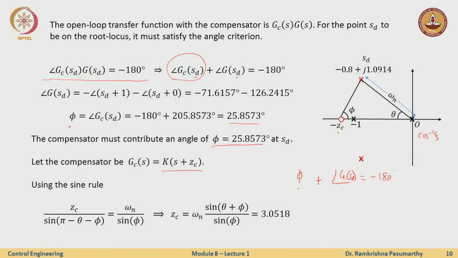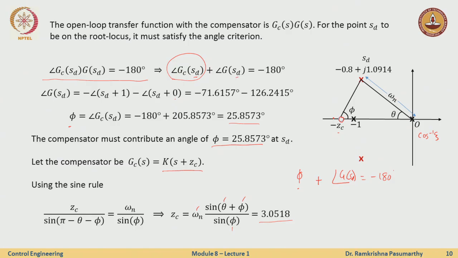I also know what omega_n is. So I know theta, I know omega_n, I know this phi. Now, can I calculate what is my z_c? Well, I just use a very simple trigonometric rule: sine of theta over z_c is sine of phi over omega_n, and just this computation. Theta, phi and omega_n are known, and I get that the location of z_c is 3.0518, somewhere here.